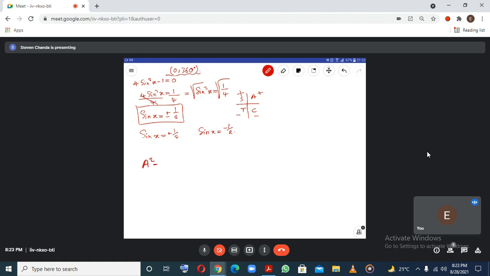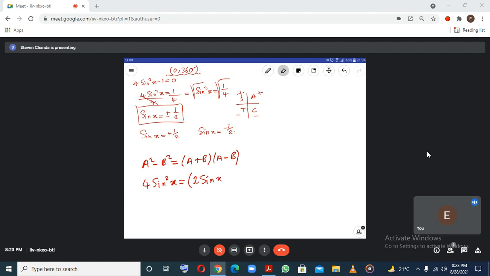So difference of two squares is going to be a plus b, a minus b. So for that one, you use the square root of that and that. So it's going to be 2 sine x.